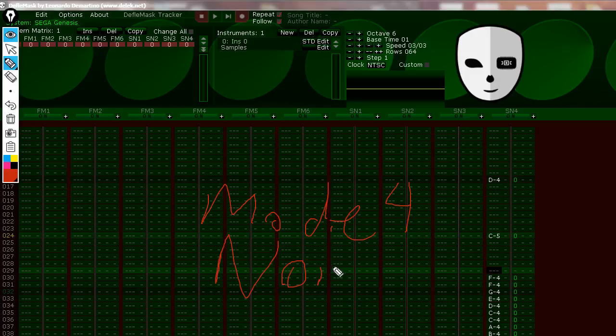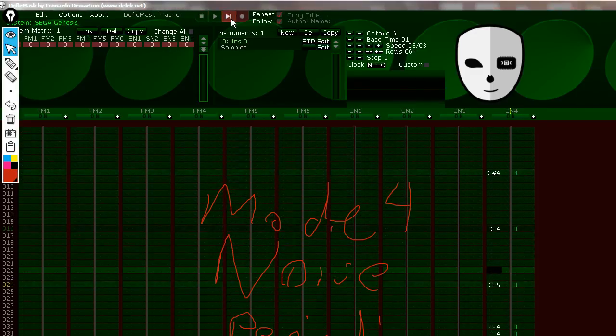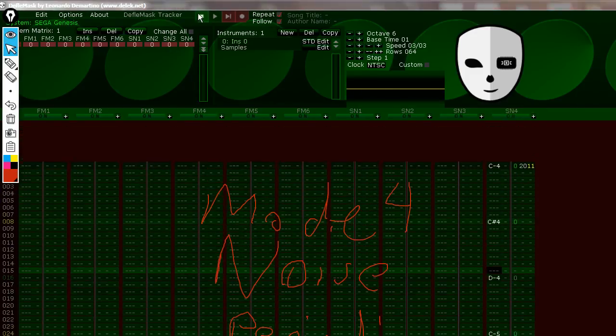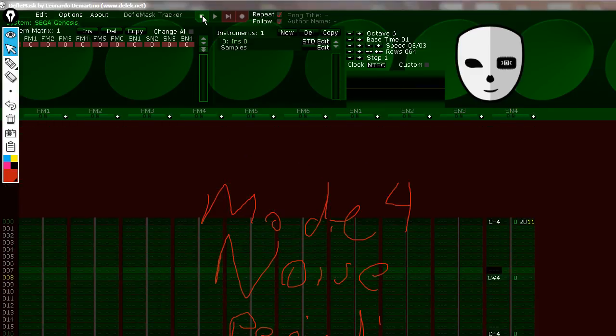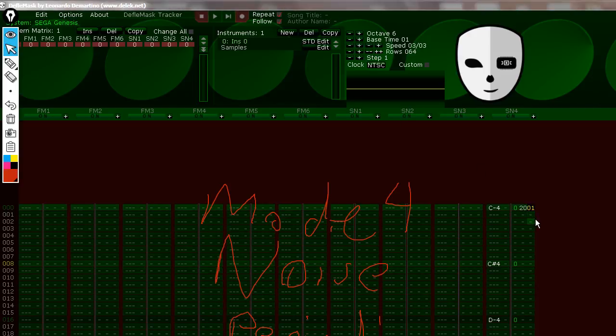This is the noise, the periodic noise setting. Okay? Check it. If we change it to 10, it will become the PWM periodic setting.